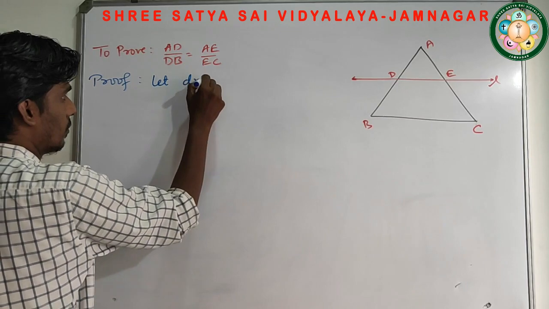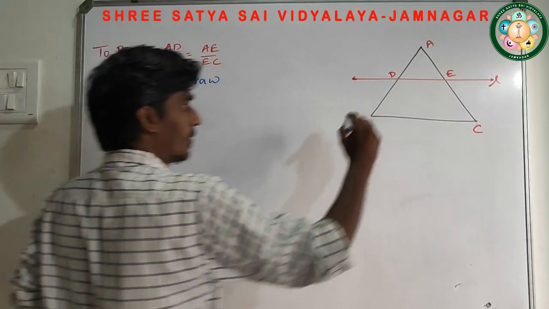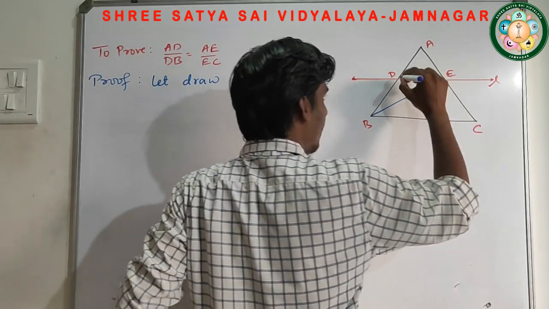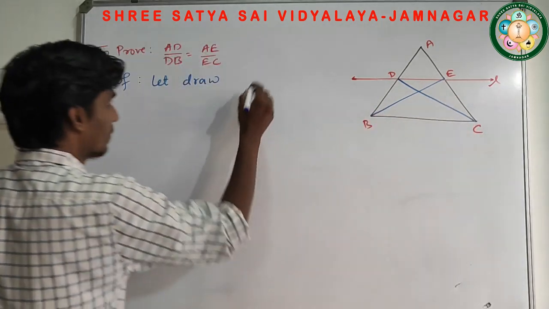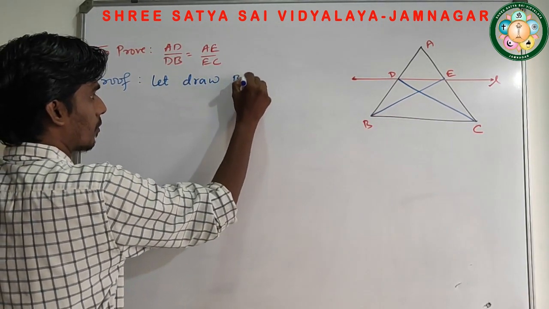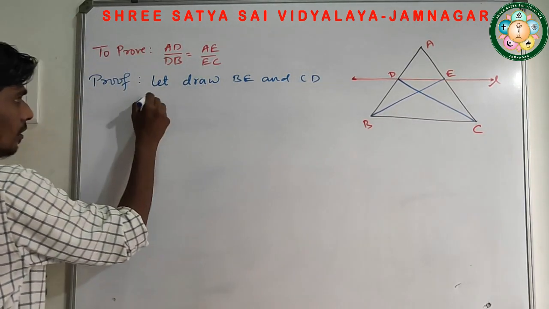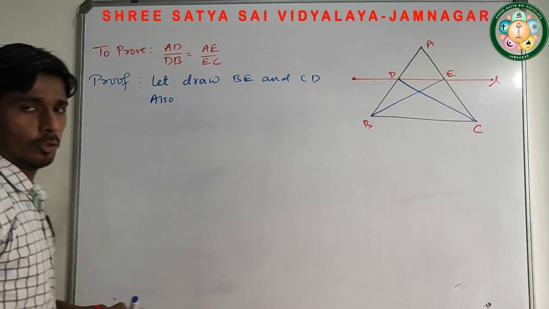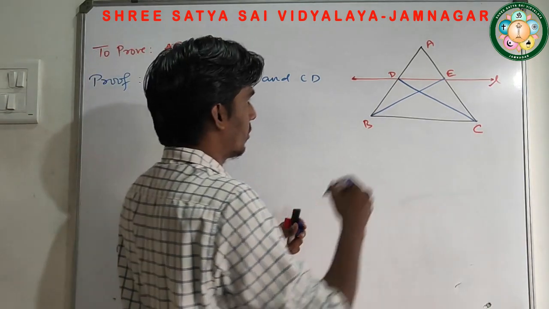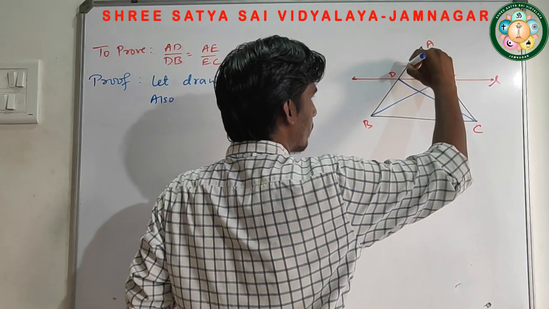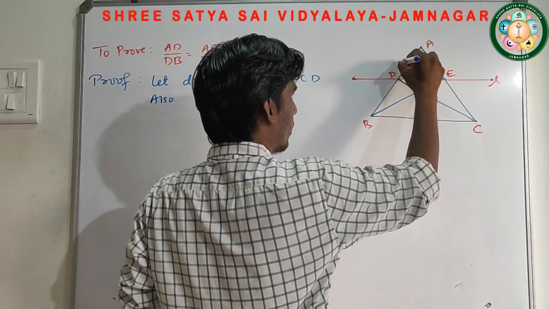Let's draw BE and CD. Also, we are going to draw two perpendiculars. One is on AD, such that it's EN.